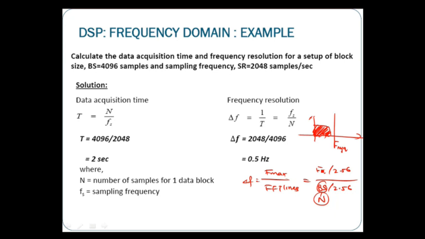So the user has to decide how many samples you want to collect and send to the FFT to process into the frequency domain. If that is the case, then it will affect our accuracy or resolution in terms of the frequency. So remember that.